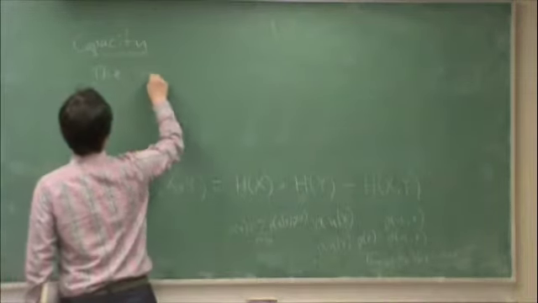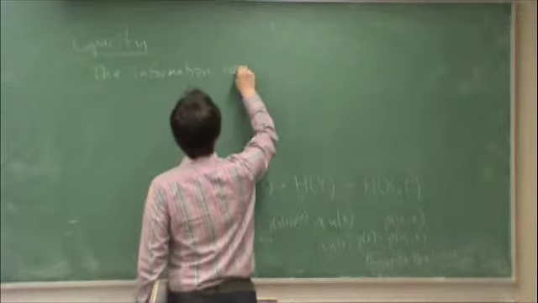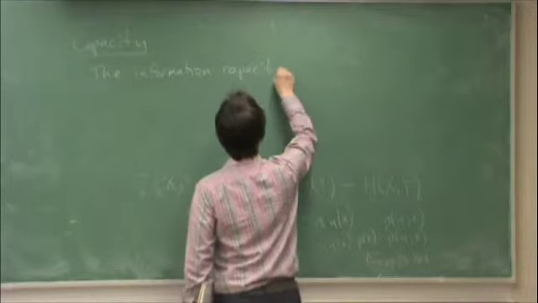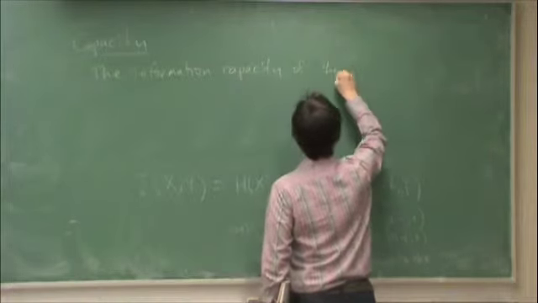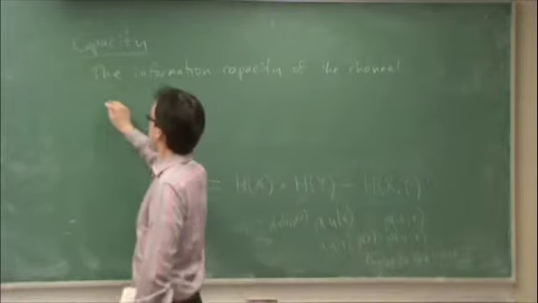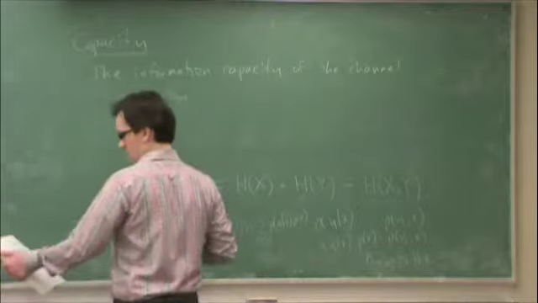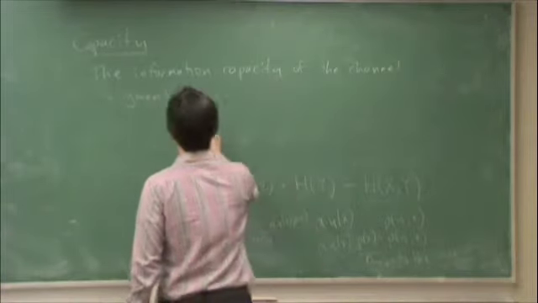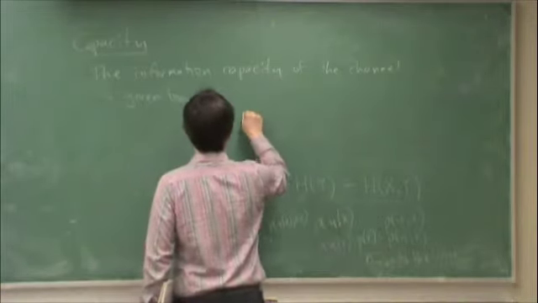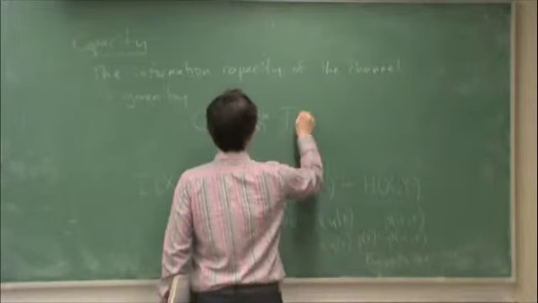The information capacity of the channel is given by C, which is the max over all possible P of X of I of X semicolon Y.